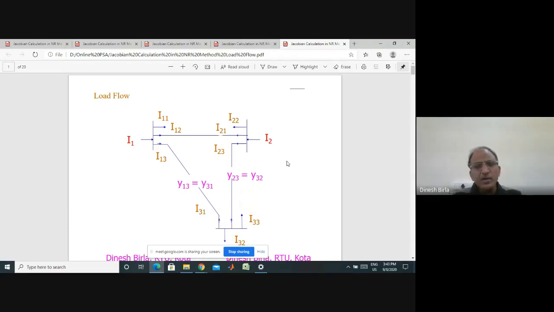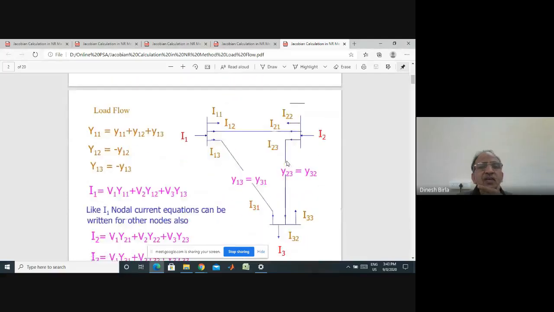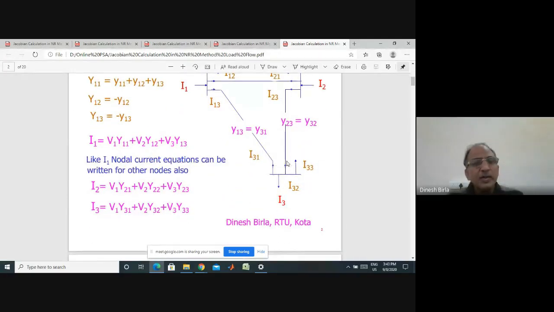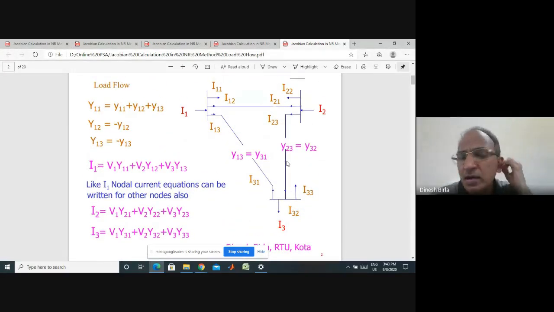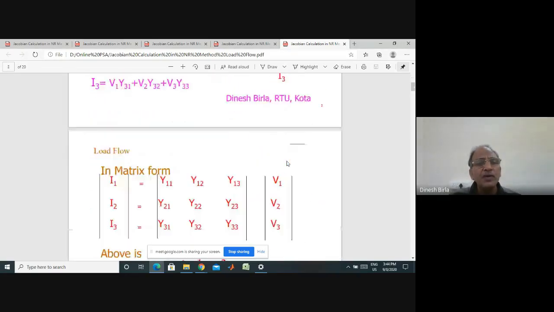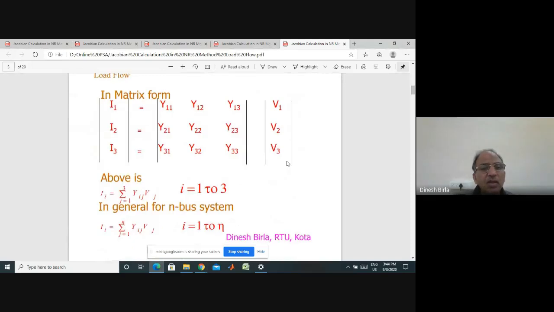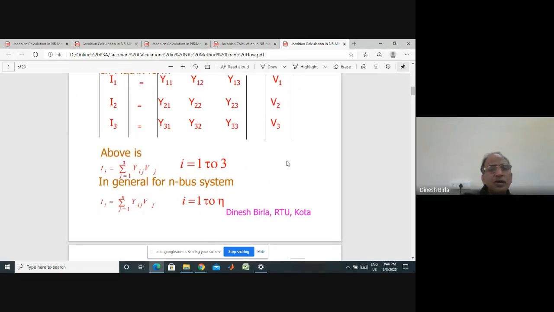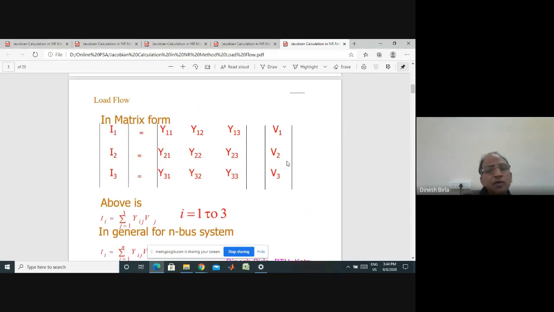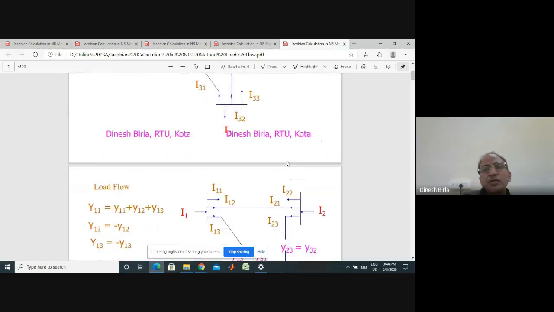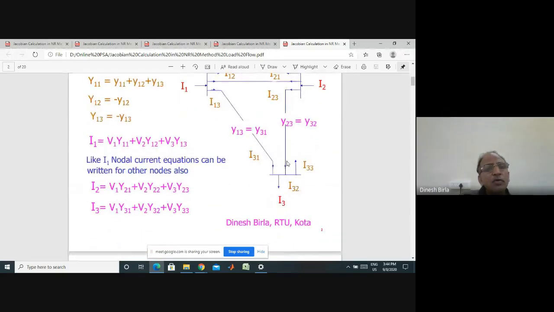Now you see, in case of the Newton-Raphson load flow method, the basic equation is current, from where we start the derivation of the various voltages. From the current equation, as you are observing in front of you, for this 3-bus system, we have 3 currents entering at the 3 buses.